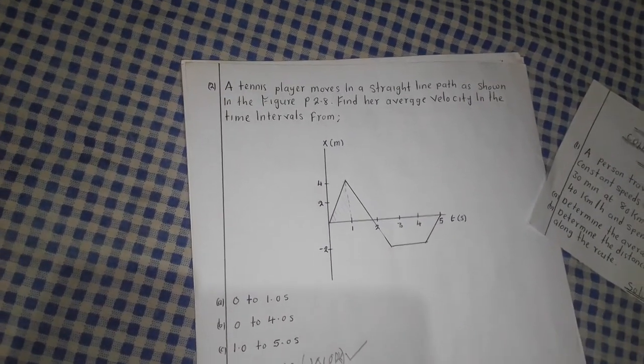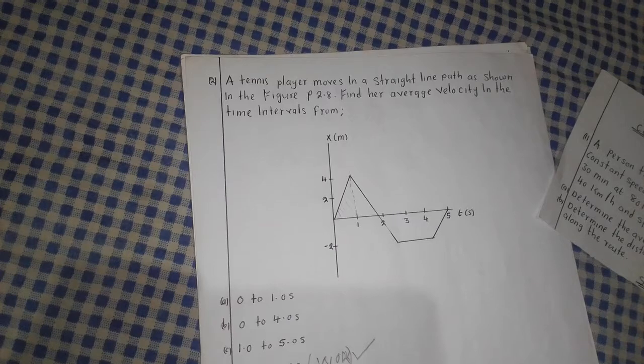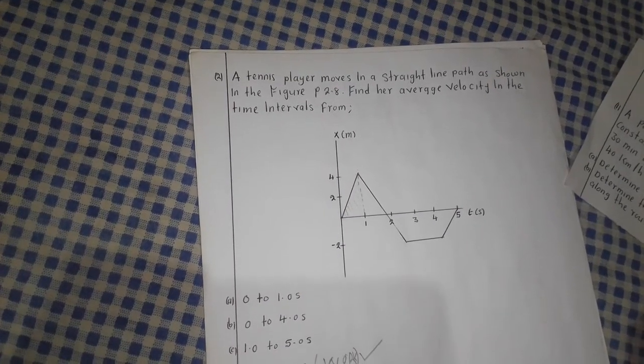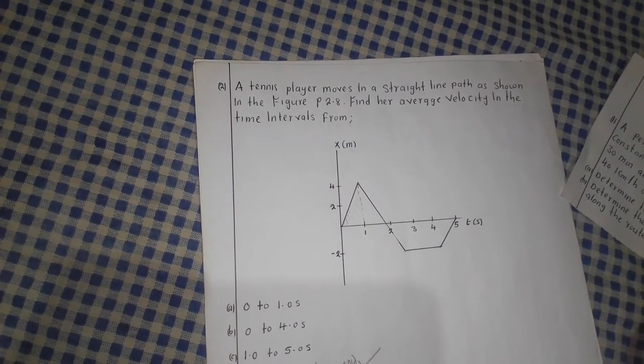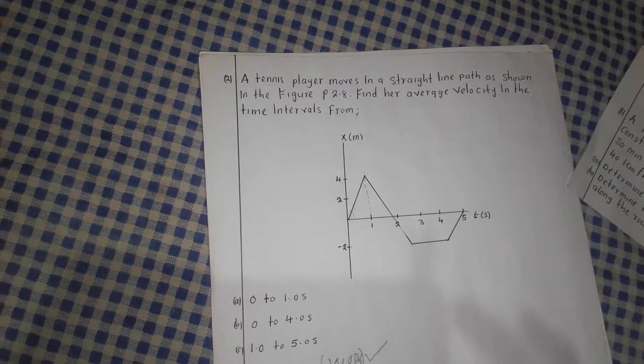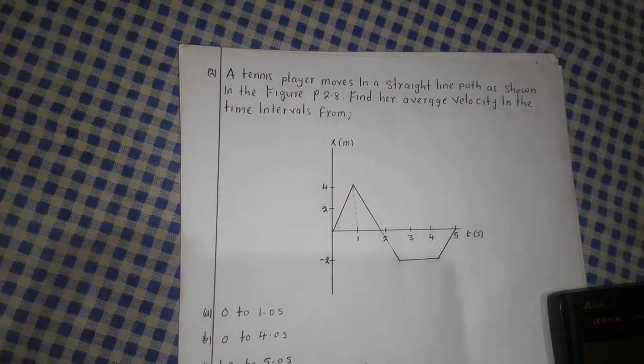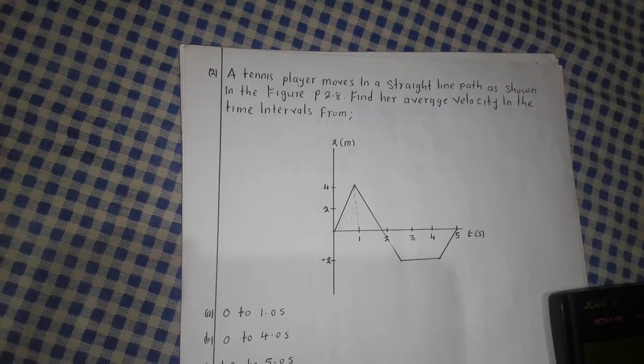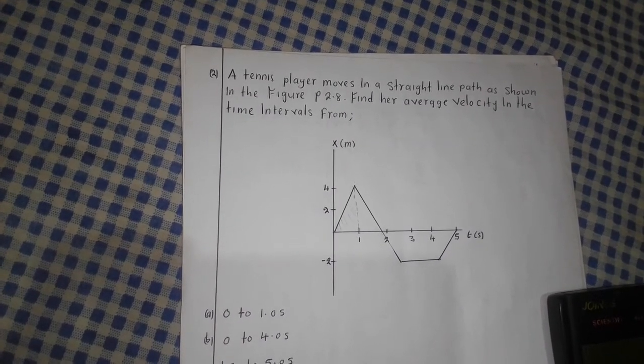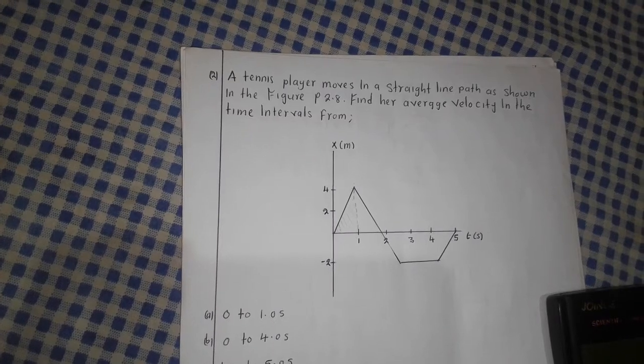This one is saying a tennis player moves in a straight line path as shown in the figure P2.8.